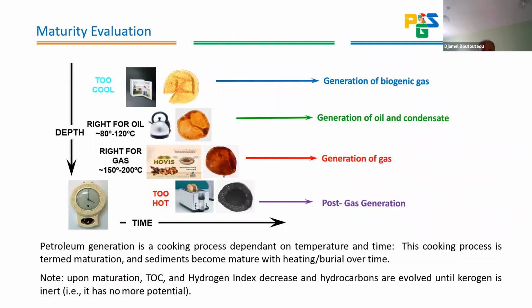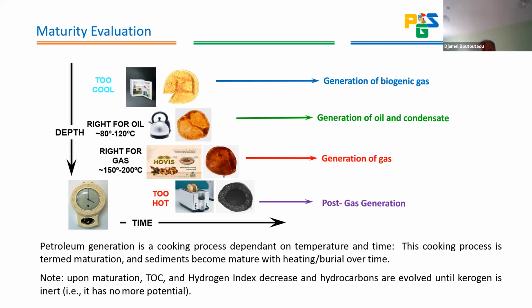Now, the maturity. As I said, we talk about source rock evaluation, but you need that source rock to be mature, either oil window, oil mature, or gas mature. So if you have in a basin one source rock and it's in the oil window, you know that you don't have gas.